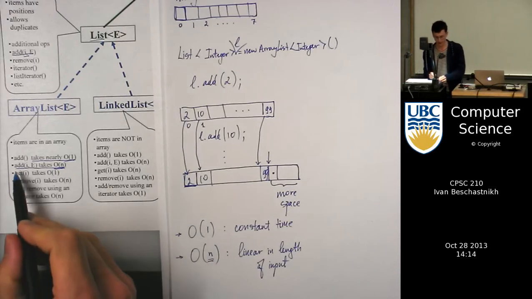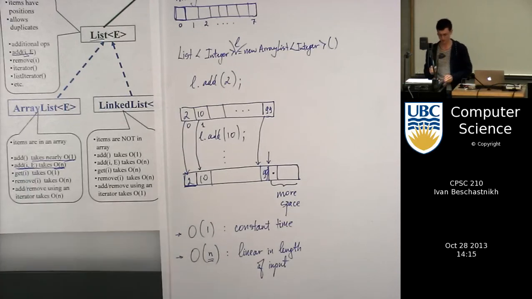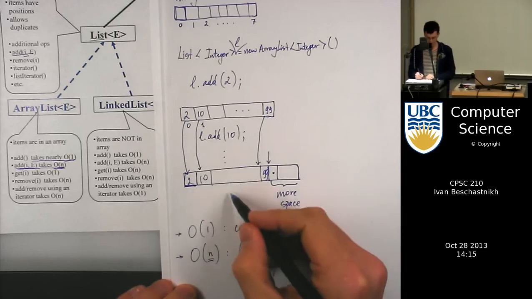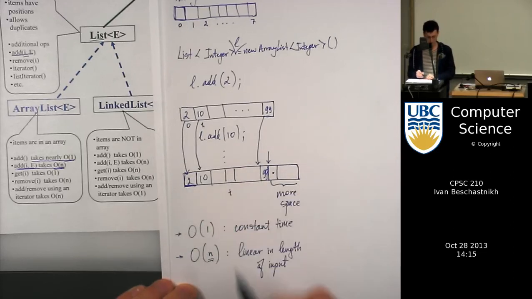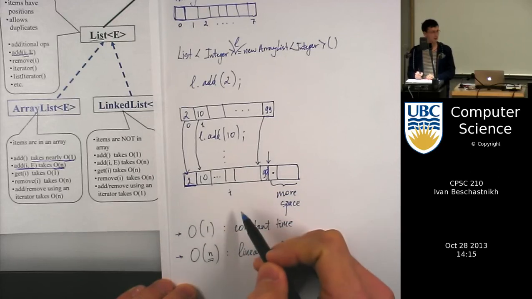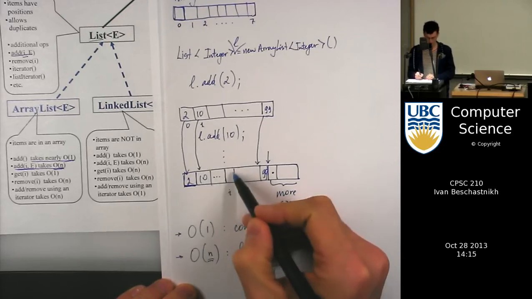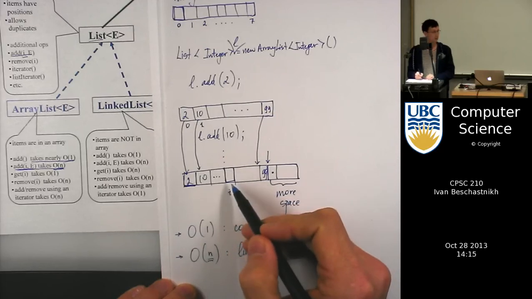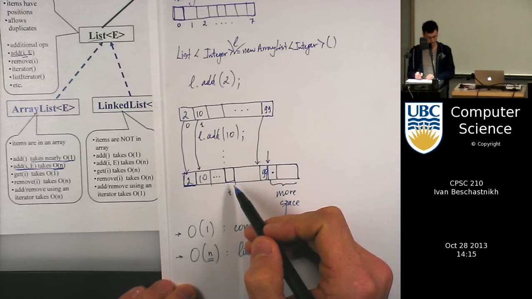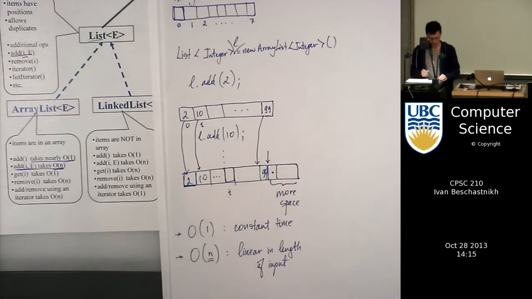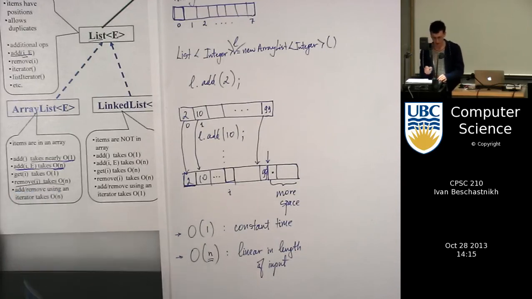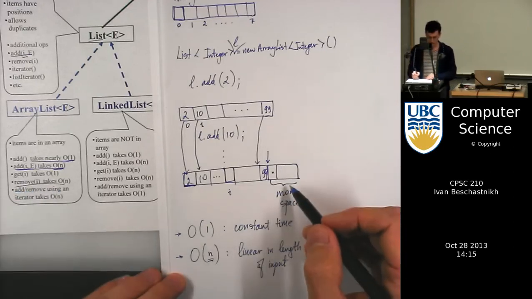So if I want to add an item into a specific position, what do I need to do? I have to get to that position, like i here. So I have to iterate across. And then I have to change this item to be something else. So all of these operations, like remove, for example, take O of n, because remove also needs to change the size of an array.